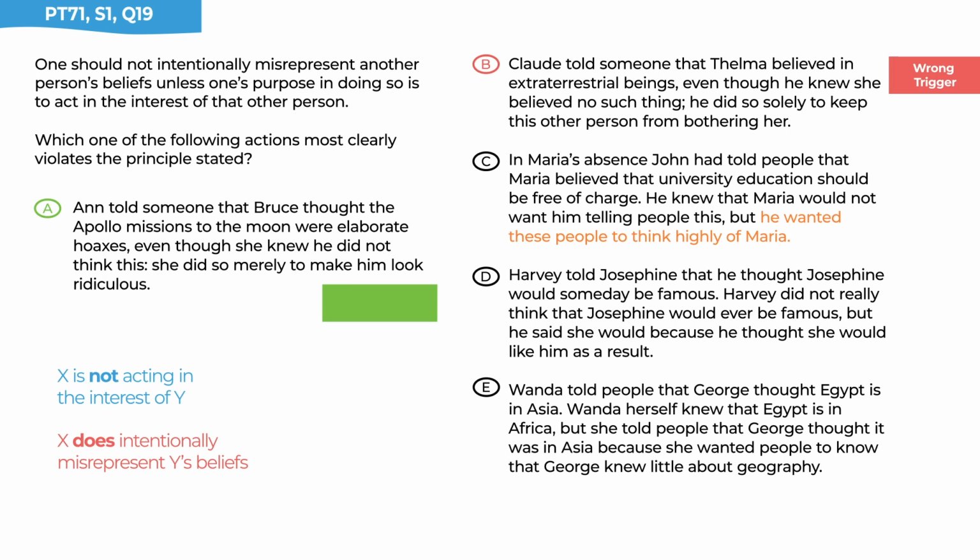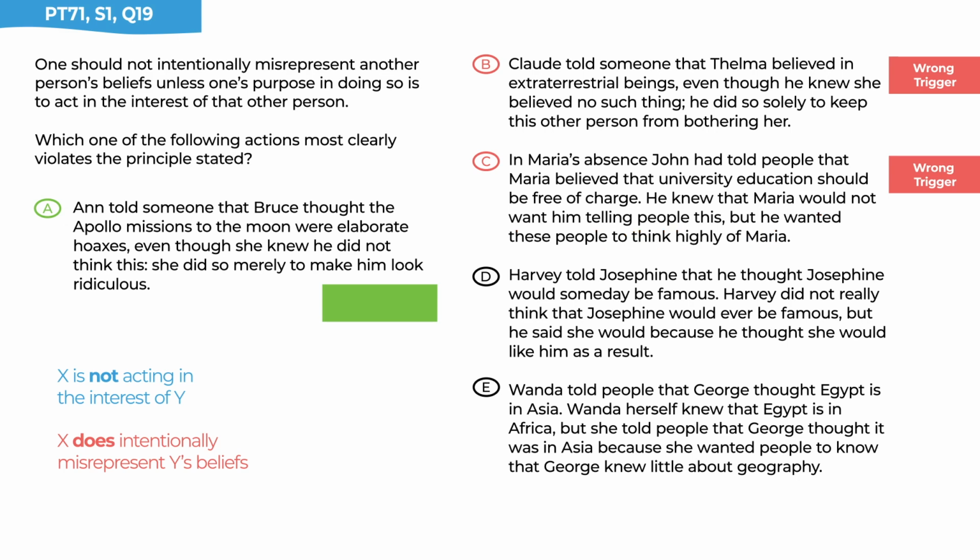We also don't really know whether he misrepresented Maria's beliefs. All we know is that Maria didn't want him to say a certain thing, but it may have been a true belief Maria had. So it doesn't match the trigger, but it also doesn't clearly match the outcome as well.